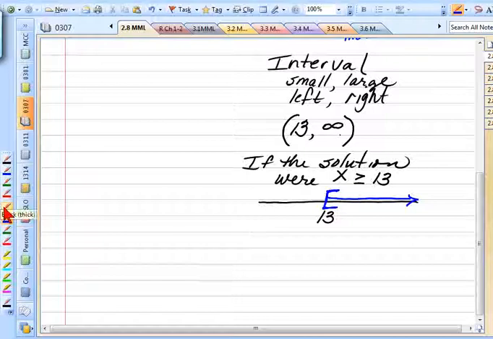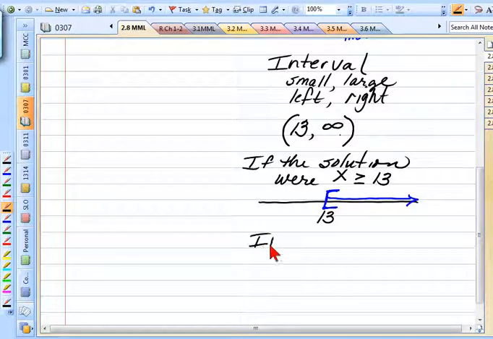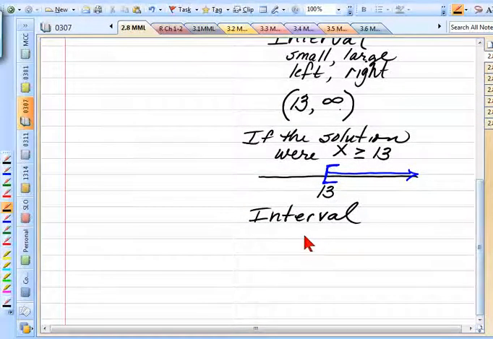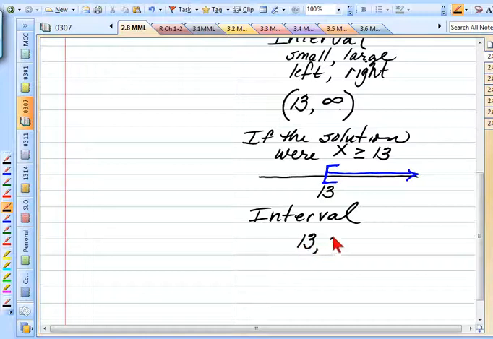What would it look like as an interval? Okay. As far as the numbers, do you agree that it still goes from 13 to infinity? Yes. There'll be a bracket. The 13 will be in a bracket this time. That's the only difference when there's equal as part of the symbol.